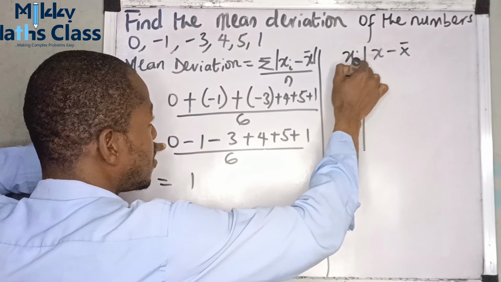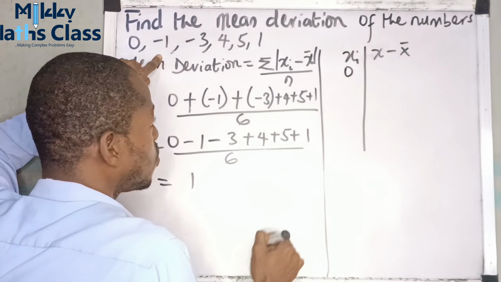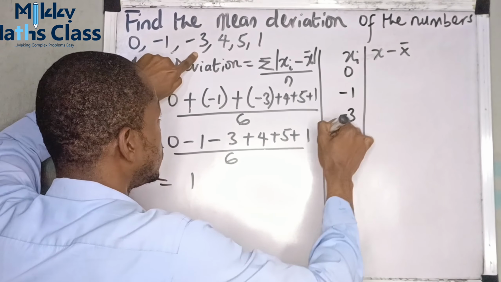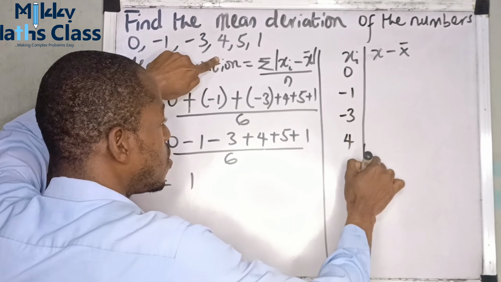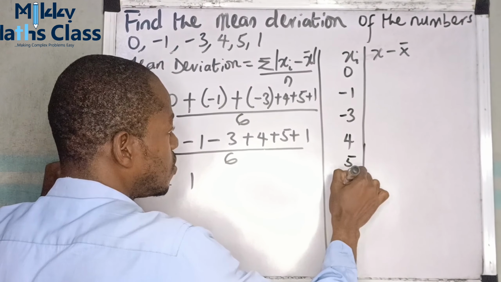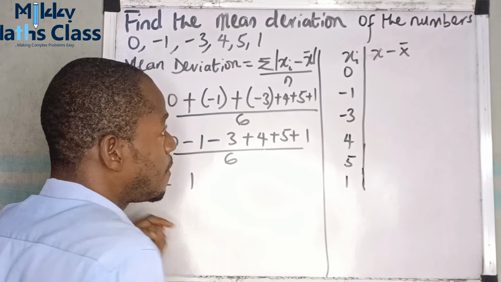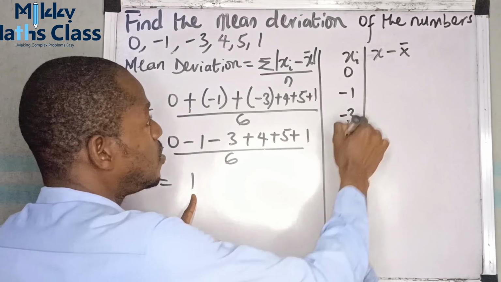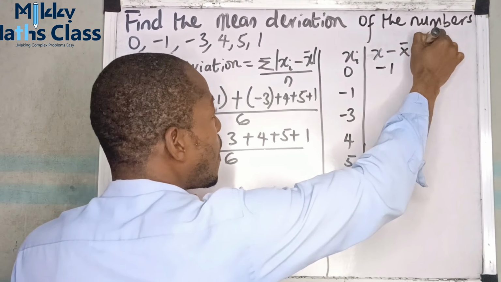The first data is 0, this one is -1, this one is -3, this is 4, this is 5, and this is 1. So let's look at x, this minus the mean. That will give us -1.